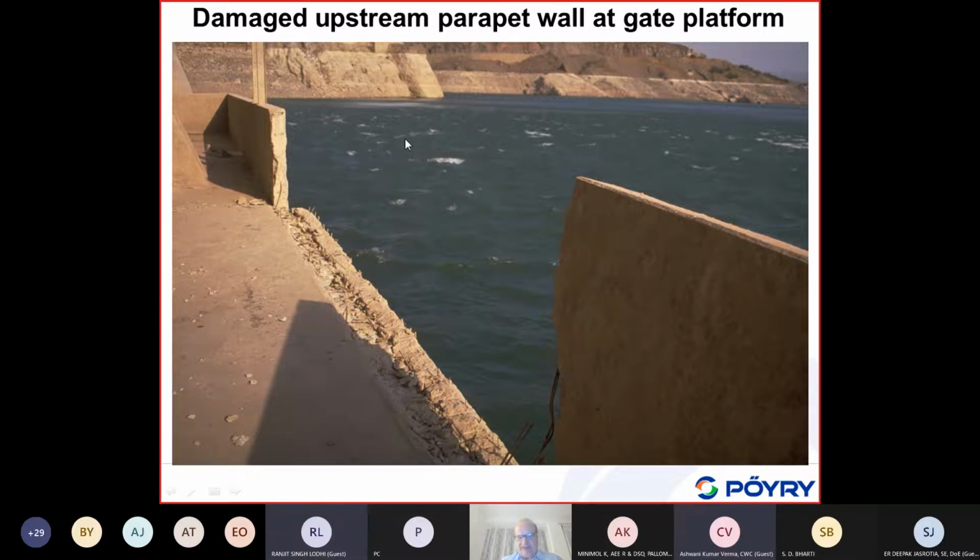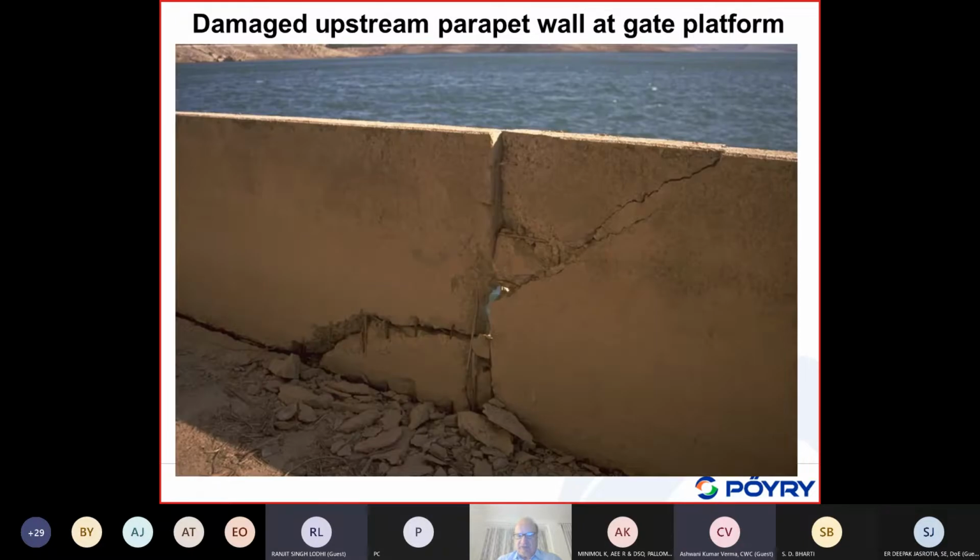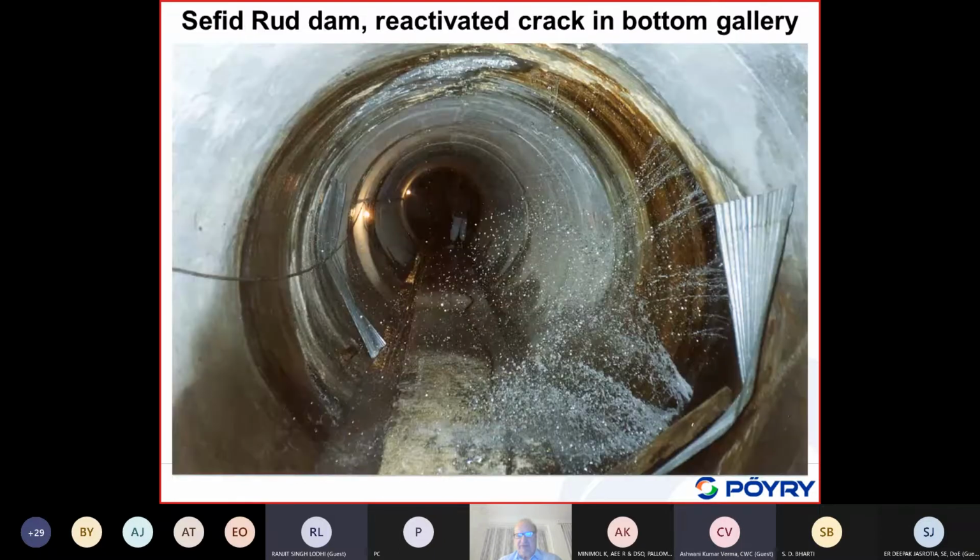So nobody really dared to go, for example, in the afternoon. You could maybe go in the early morning, but to inspect the dam from upstream could not be done. Okay, we see here some more parapet wall at the upstream face.